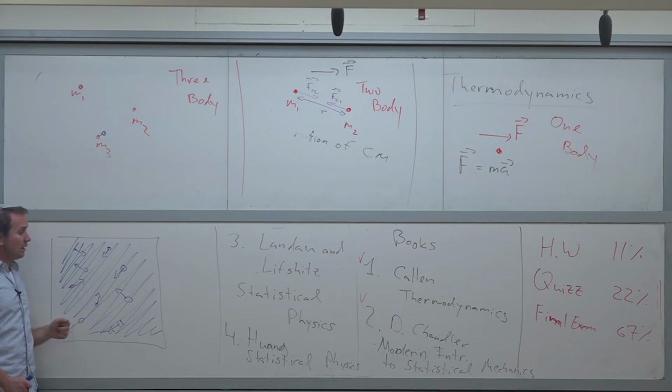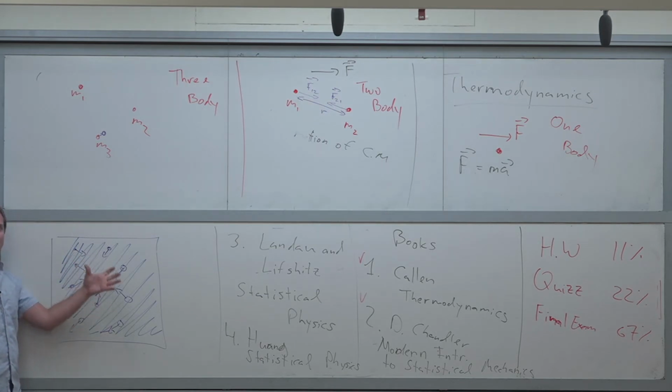Okay? And I'm using experimental observations in order to deduce some physical laws, like the first thermodynamic law, the second thermodynamic law, the third thermodynamic law, in order to describe the system as a whole.